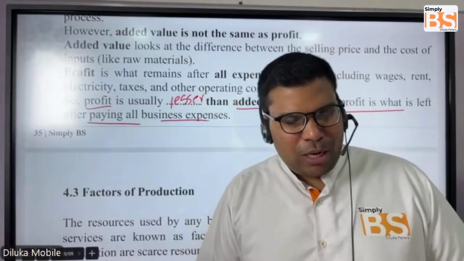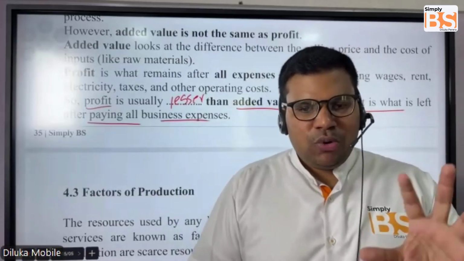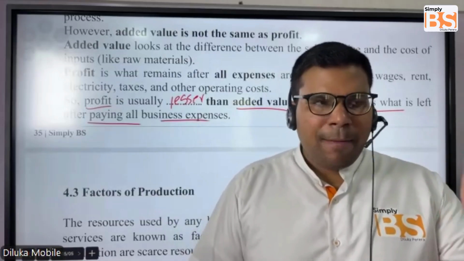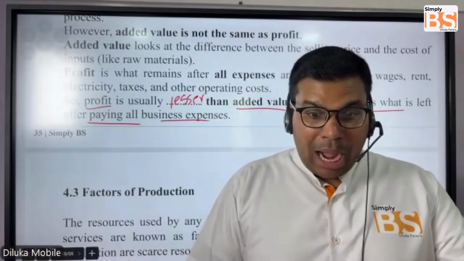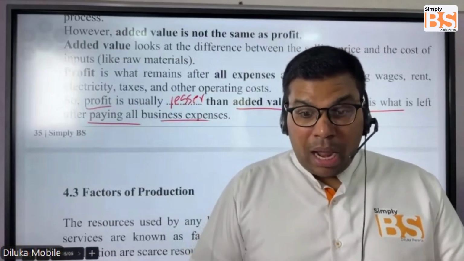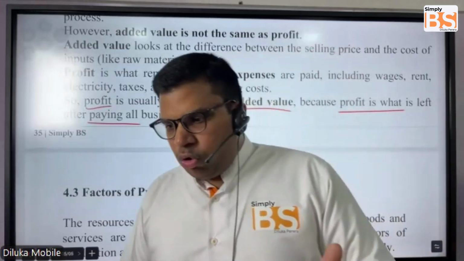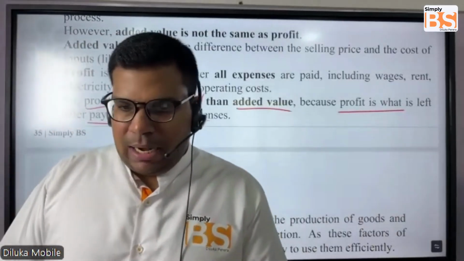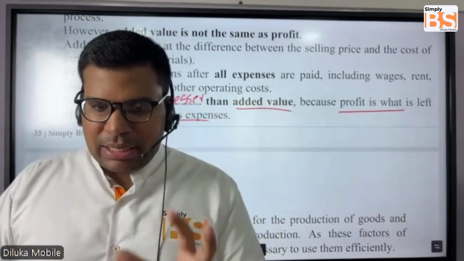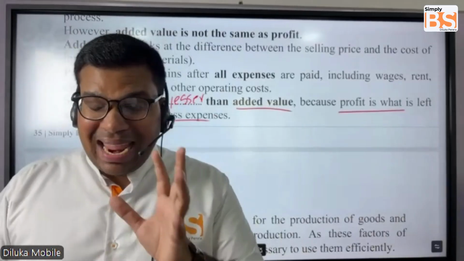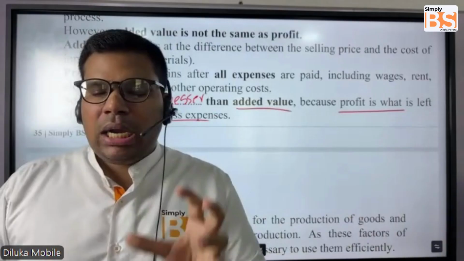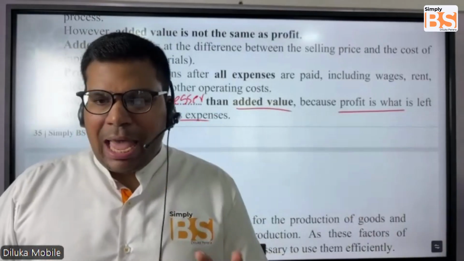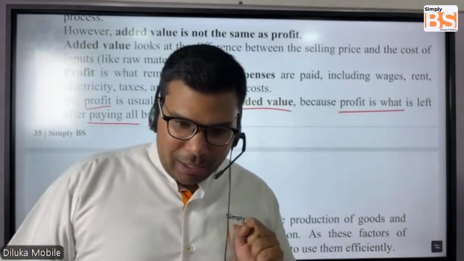So normally I will be teaching you lesson 1 in two parts, part A and part B. Part A is the most important part, which will cover closer to 80% of your lesson 1 content. So in lesson 1, 80% is done, and part A we have just now concluded.